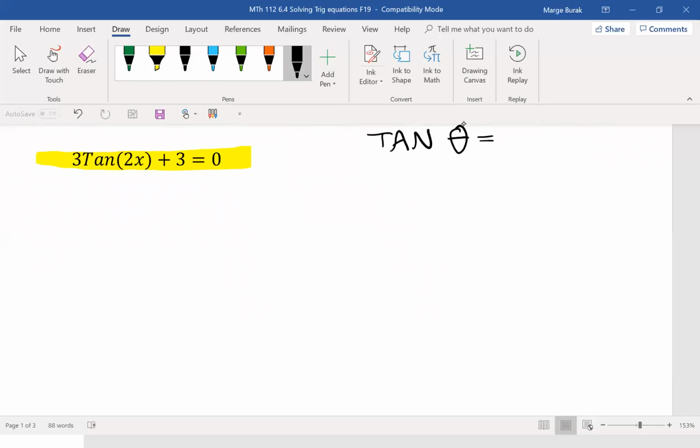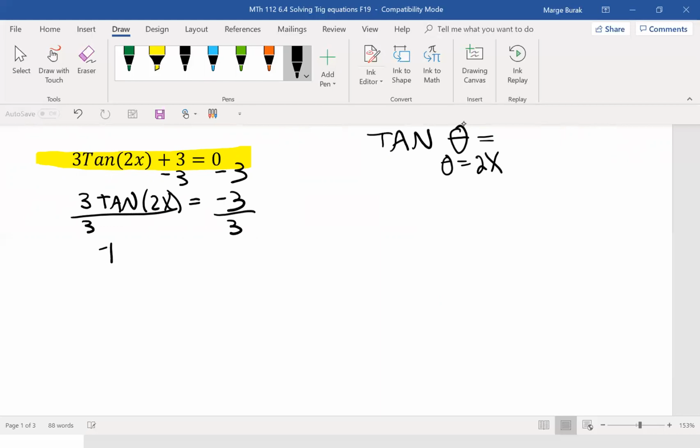We need to find x. Okay, I'm writing angle, but theta, that's going to equal 2x. All right, so first of all, let's minus the 3. And let's divide by 3. So we can get the tangent of some angle is -1.